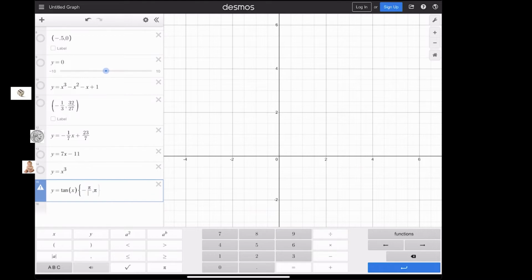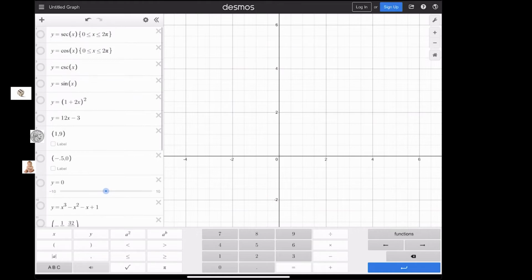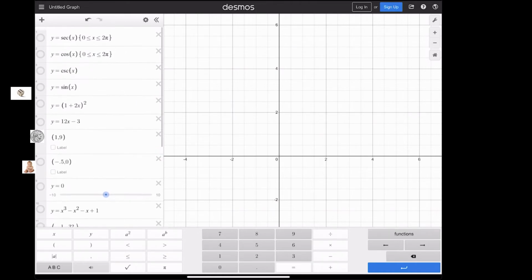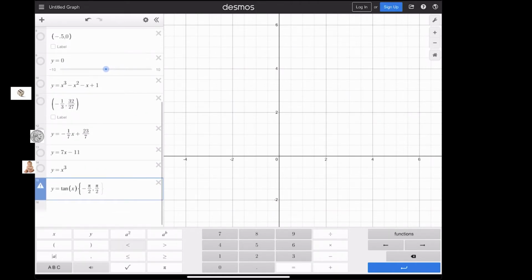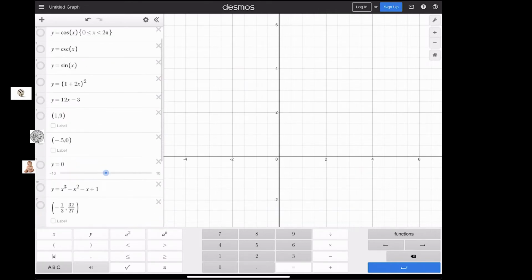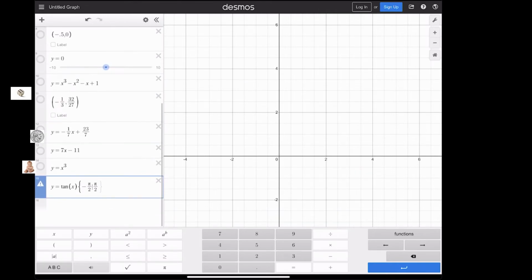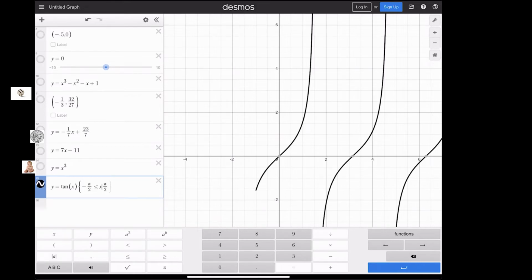Guess it would be good to have the correct interval. Why doesn't that do the restricted domain? Oh, it's set notation. Sorry. Less than or equal to x. Less than or equal. There we go.